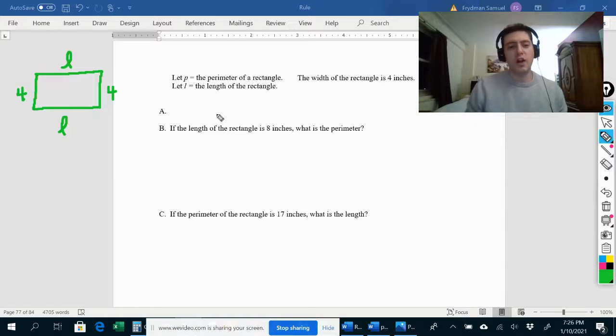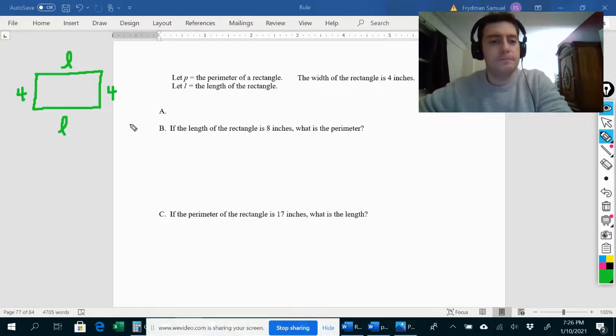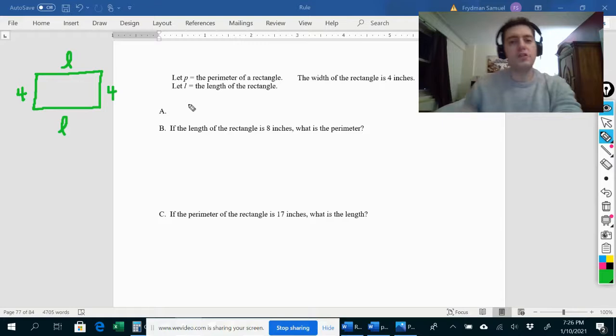Now, the first thing we're going to do in part A here is we're going to write an equation that describes this situation, where P stands for the perimeter and L stands for the length of the rectangle. Now, first of all, what does the word perimeter mean? Perimeter just means the sum of all of the side lengths.